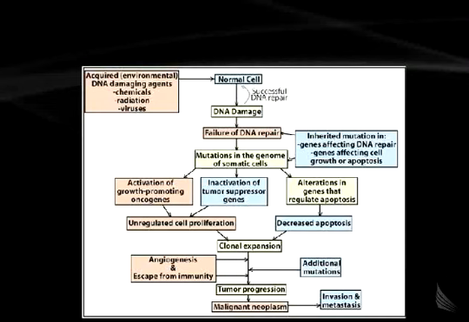You then have other steps in the process, such as the activation of growth-promoting oncogenes, inactivation of tumor suppressor genes, or alterations in genes that affect cell apoptosis. This combination of unregulated cell growth, along with decreased apoptosis, leads to the clonal expansion of a genetically damaged cell, and it is this cell that leads to the eventual development of a tumor that becomes a malignant neoplasm that can go on to invade and metastasize.